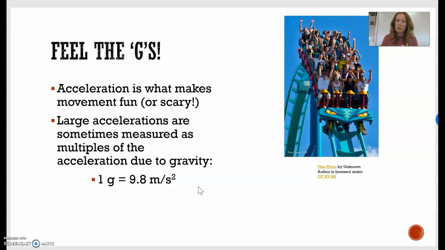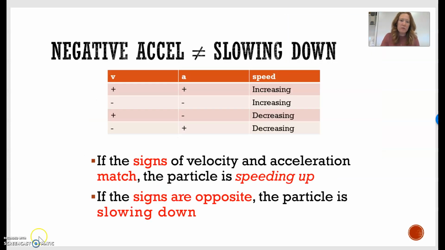So G's aren't force, although they're related to it. They are really referring to acceleration. Too much acceleration is a bad thing for the body, but it certainly is what makes rides or experiences like that fun.